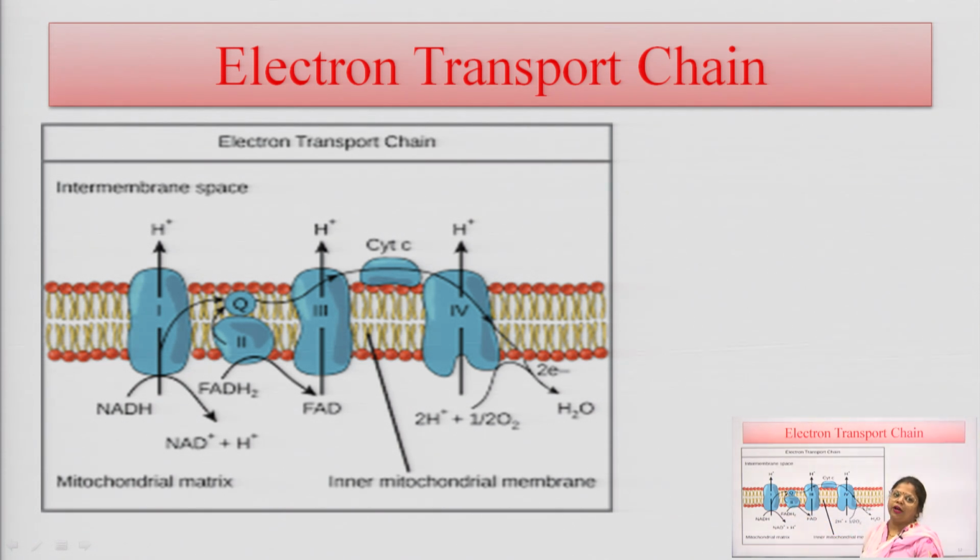There is movement of hydrogen ions in the intermembrane space of the electron transport chain, from the mitochondrial matrix to the intermembrane space. These hydrogen ions are then reacted with molecular oxygen to form water.